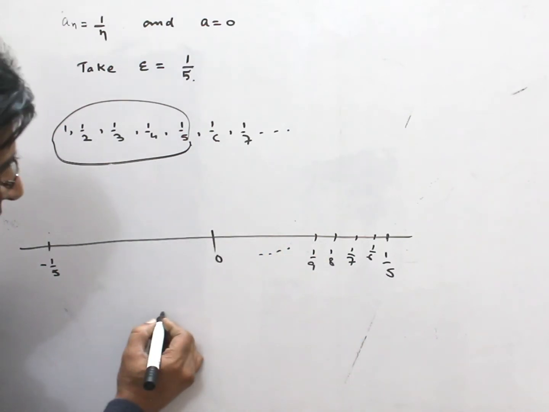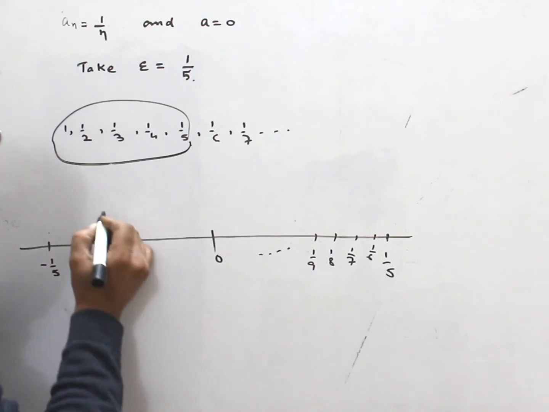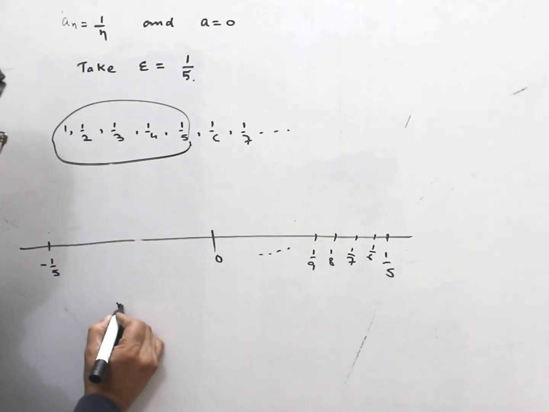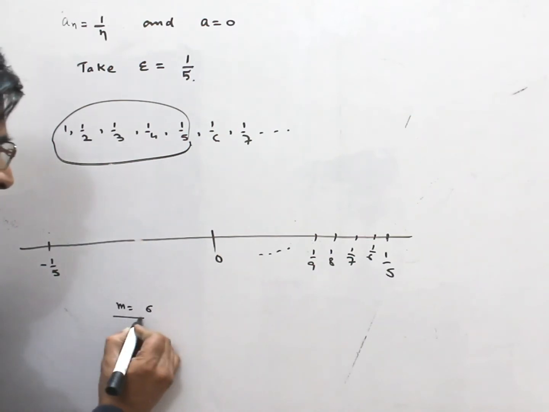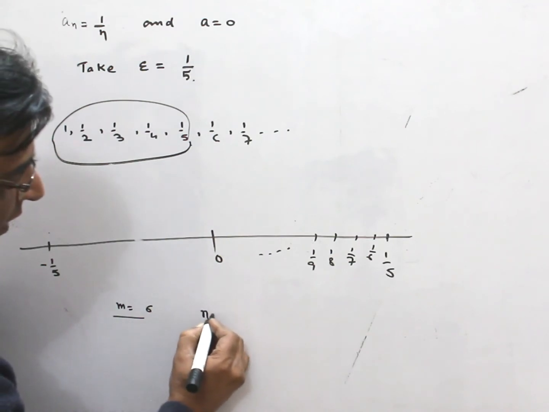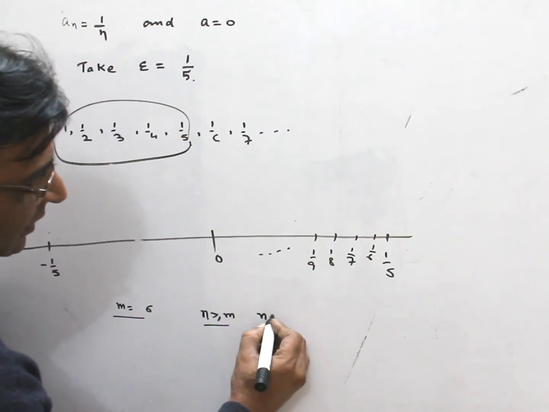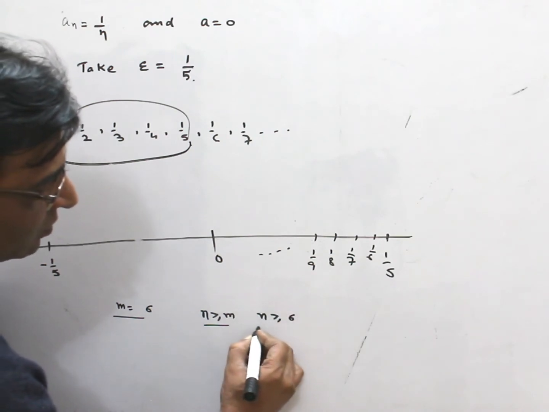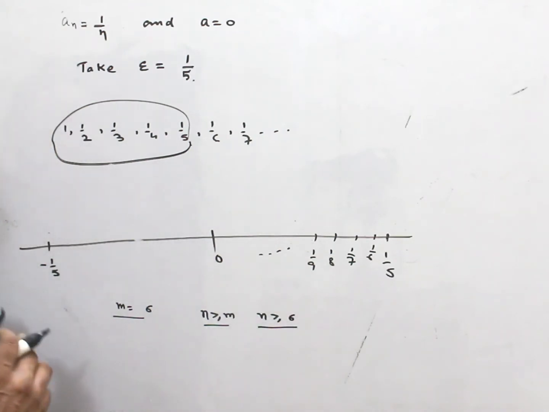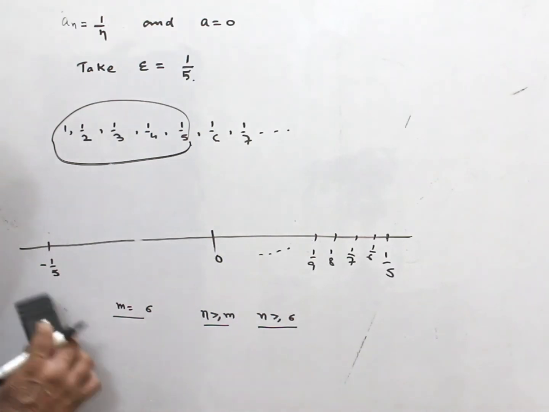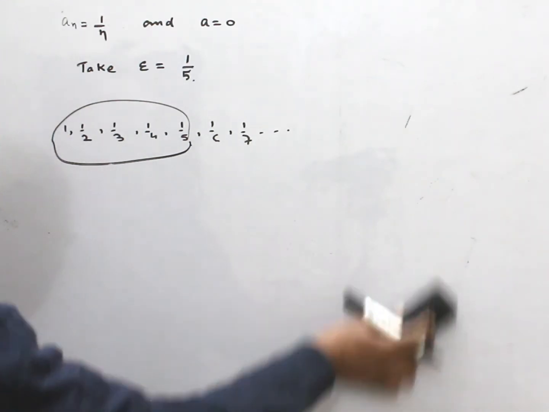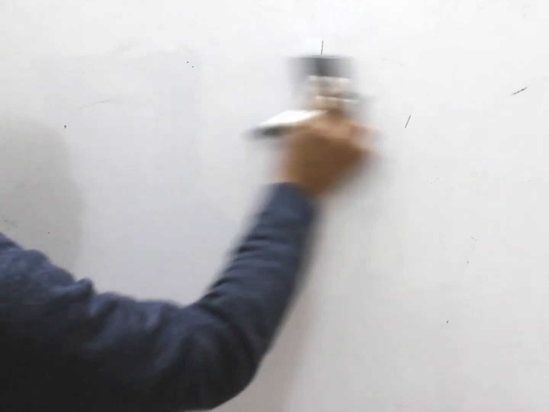So m is decided, m is 6. So n greater than m means n greater than or equal to 6 fall in the neighborhood. So now I told you the limit and limit point.